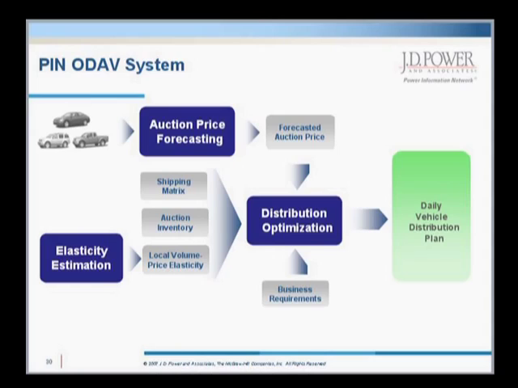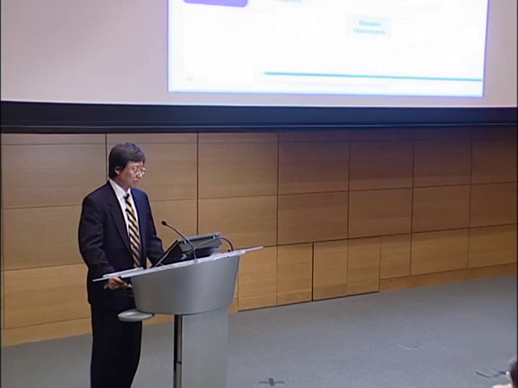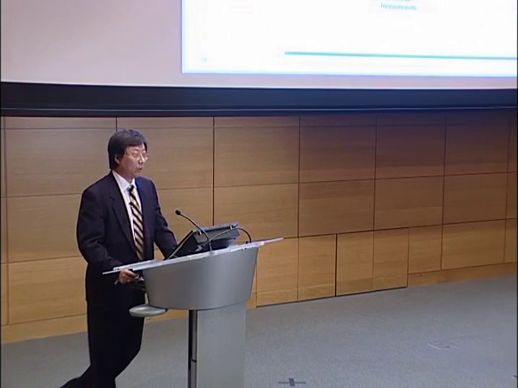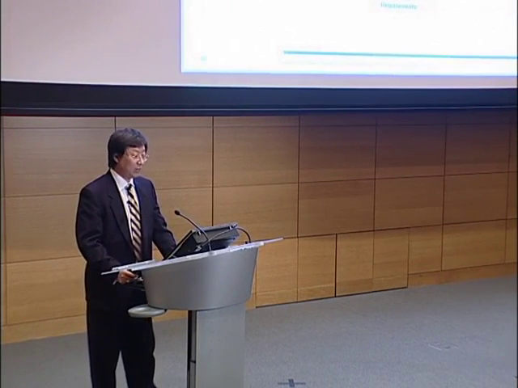Put into this GA operator and generate the daily vehicle distribution plan. By 6 o'clock, this plan is sent to the client FTP site, their IT system takes over and sends it to the shippers. ODAV runs 6 days a week, all year long, except New Year's Day and Christmas Day.